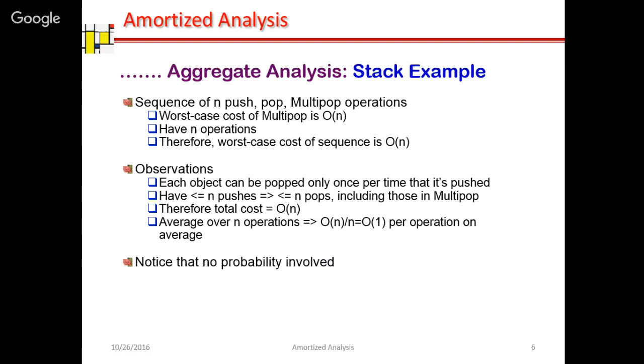In the aggregate analysis stack example, we observe the following: a sequence of n pushes, n pops, and n multi-pop operations. In that case, the worst case for multi-pop is O(n). And since we have n operations, the worst case cost of the sequence is O(n). We also observe that each object can be popped only once each time it is pushed.